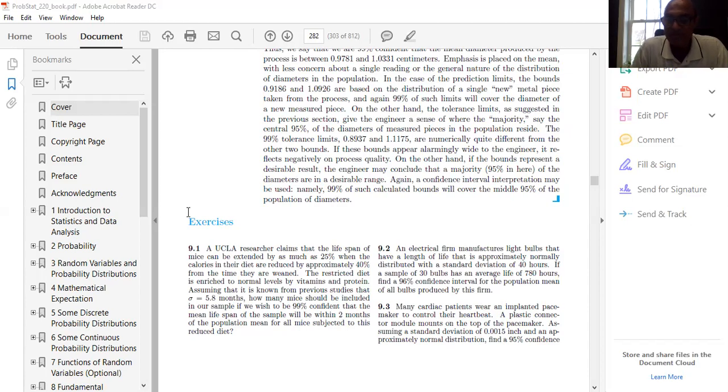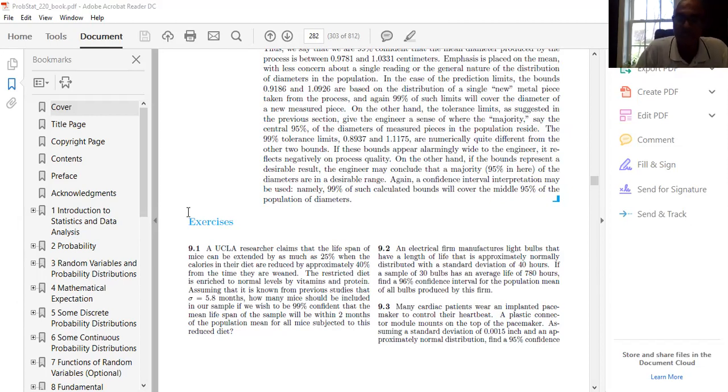If a sample of 30 bulbs has an average life of 780 hours, find a 96% confidence interval for the population mean.